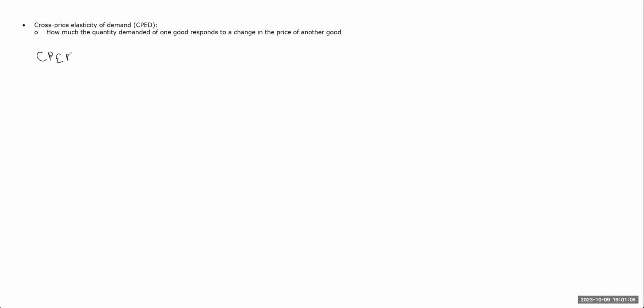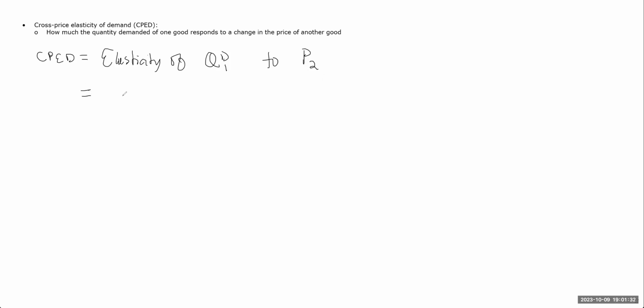So the cross price elasticity of demand is equal to the elasticity of quantity demanded of one good, good 1, to the price of another good, good 2. All right. So how does the formula look?